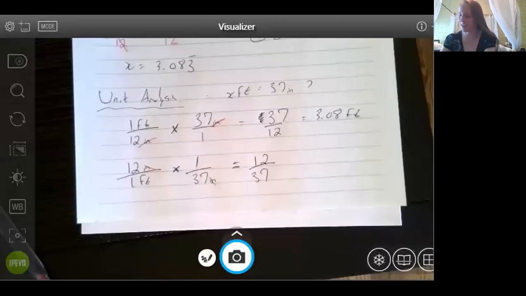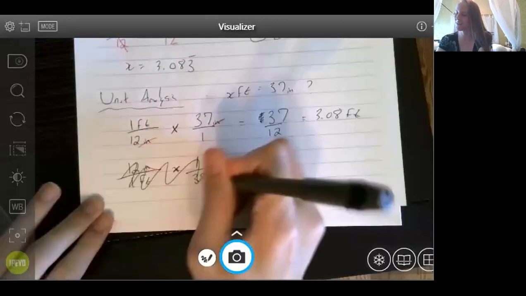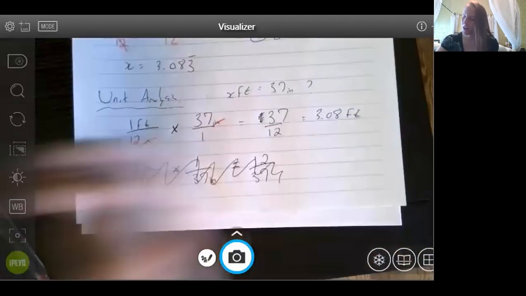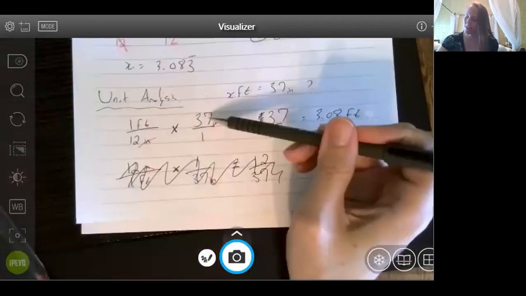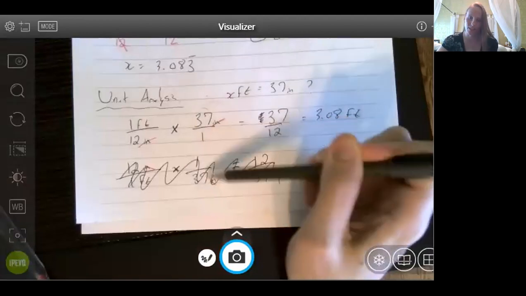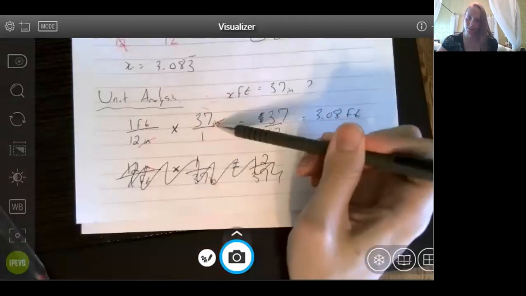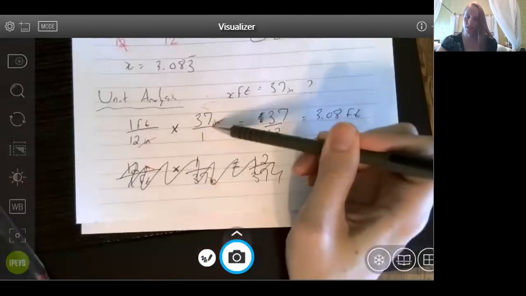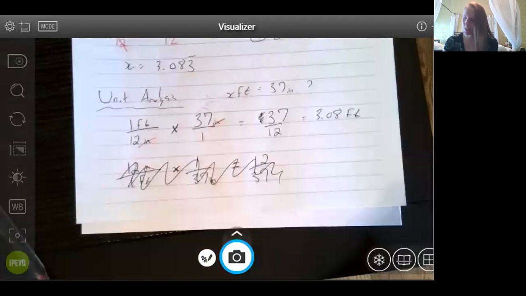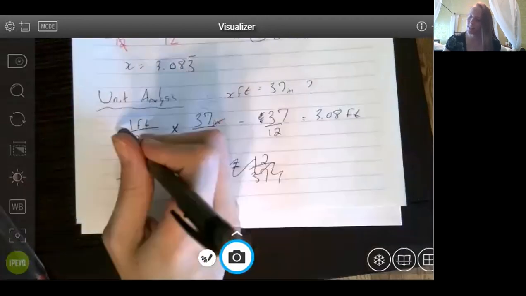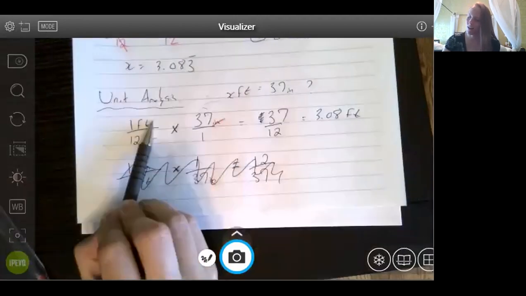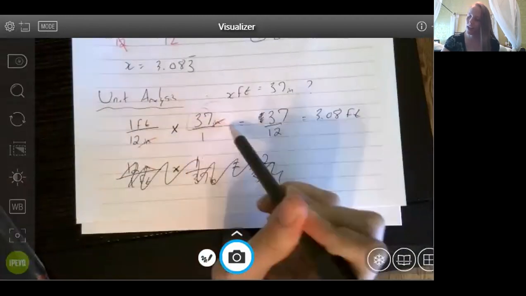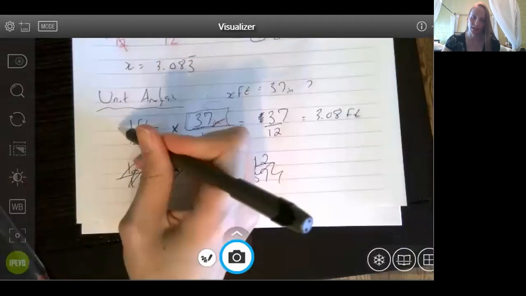Okay, no, sorry, I lied. Ignore all of that. The reason that this isn't working is because you have to write 37 over 1 and not 1 over 37, because 37 over 1 is still, sorry, 37 over 1 is still 37. 1 over 37 is not still 37. So you have to decide based on where this number needs to be, how to write your unit analysis.